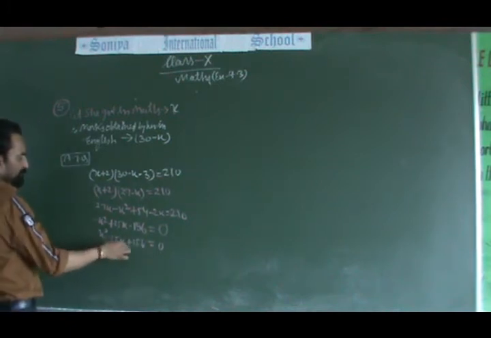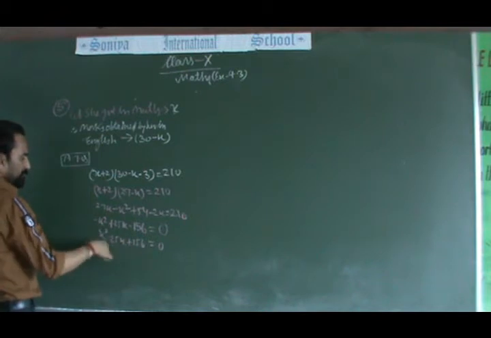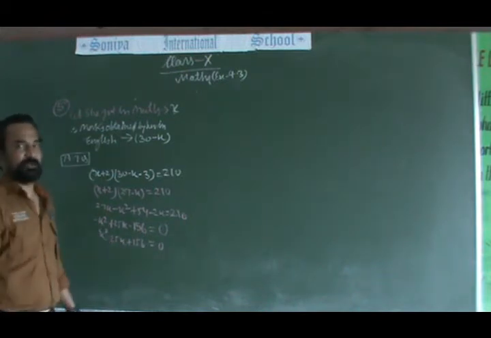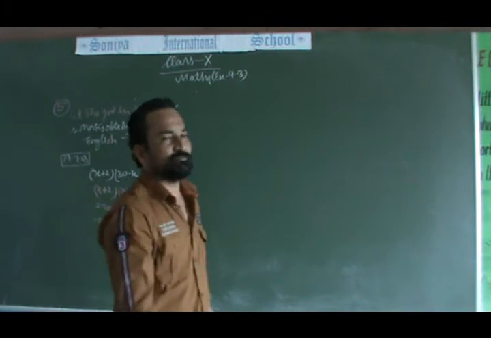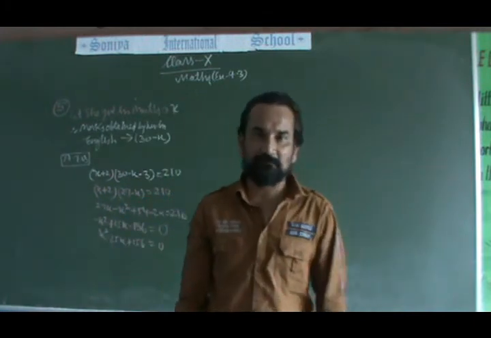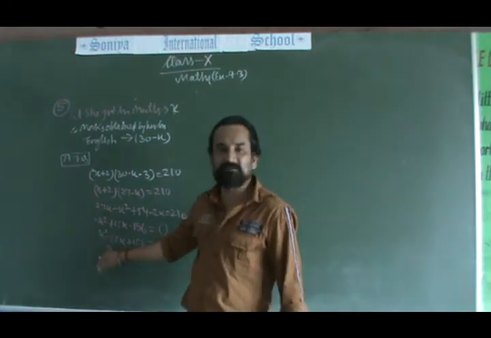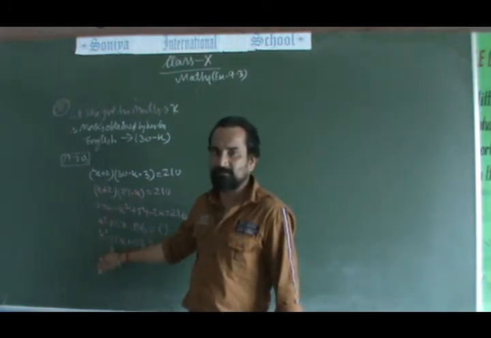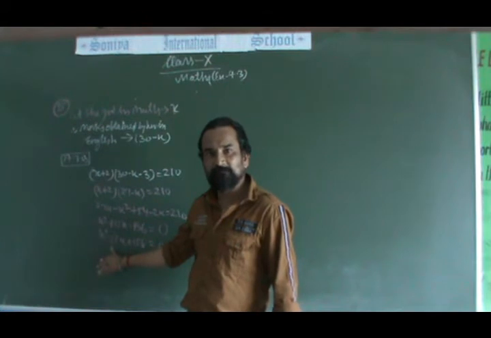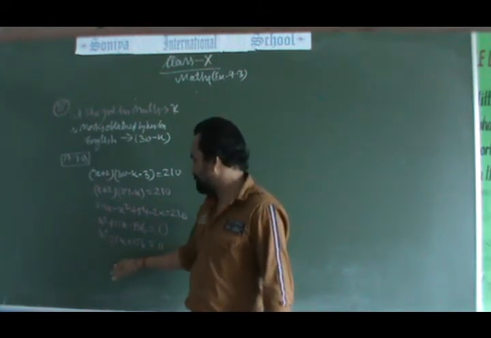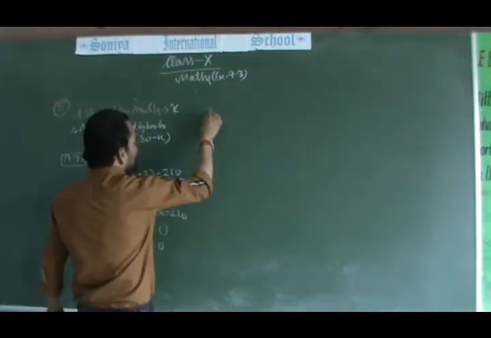156. Now we have to find 2 factors whose product is 156 and their sum is minus 25. So my dear students, minus 13 and minus 12. When we add 2 negative numbers, we always get a negative sum. So we get minus 25, and 13 times 12 is 156, and minus into minus is plus. So what are the factors?